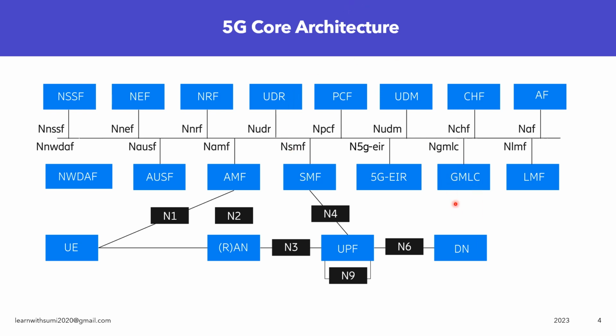We have GMLC. A single public land mobile network, PLMN, can have multiple GMLCs. This functionality is integrated through SIGTRAN for 2G or 3G, through Diameter for 4G, and through GMLC in 5G networks. GMLC can be integrated with LBS to locate any user connected to the network at a given time.